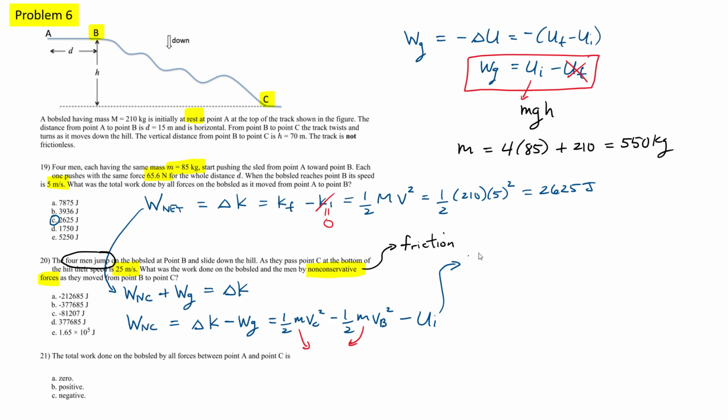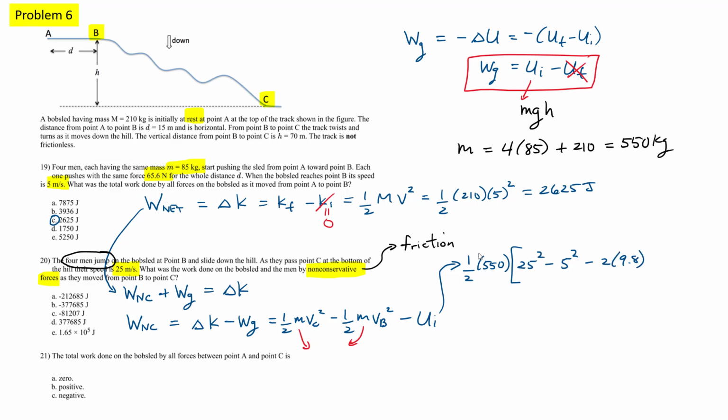So to clean up the math here, I'm just going to factor out the 1/2 m in the front. And now what am I left with? I'm left with the speed at point C, and the speed at point B, which is 5 squared. And now this last term, be a little bit careful here. I'm going to get minus 2, because I factored out a 1/2 of all the terms.